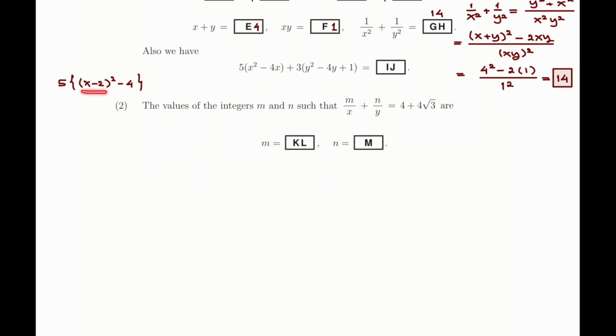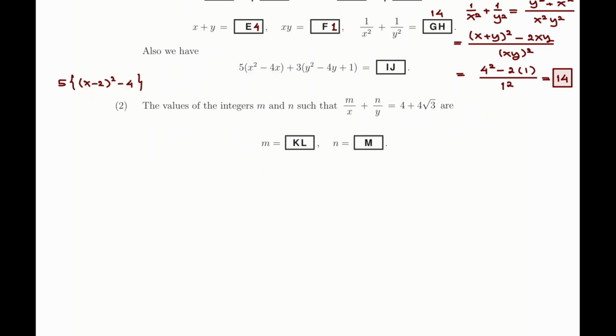If you expand this, you will get x squared minus 4x plus 4, and then by subtracting 4, you will get x squared minus 4x, which is the same expression as the question. Basically, what I do is just convert this into a complete square form.